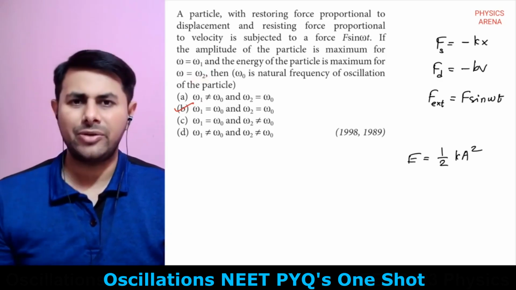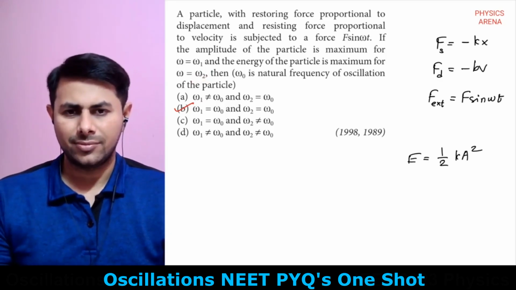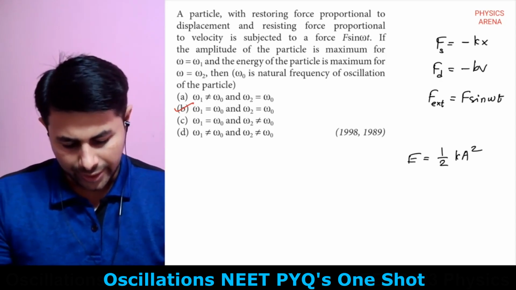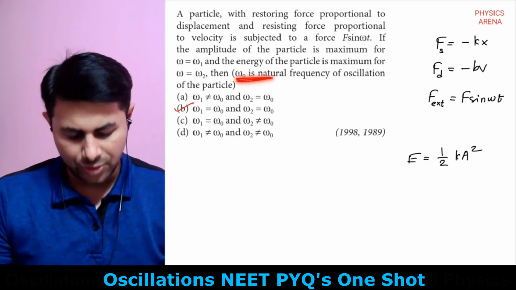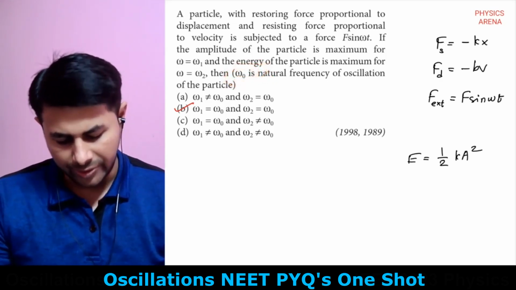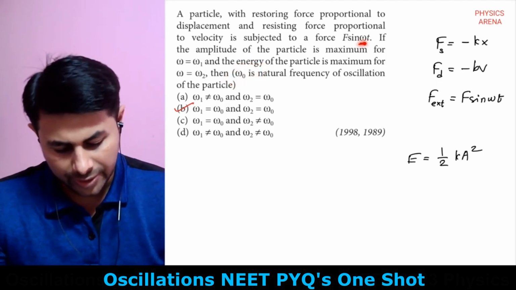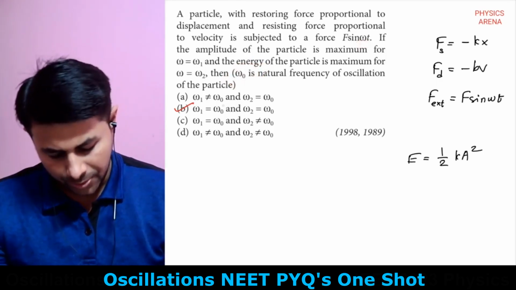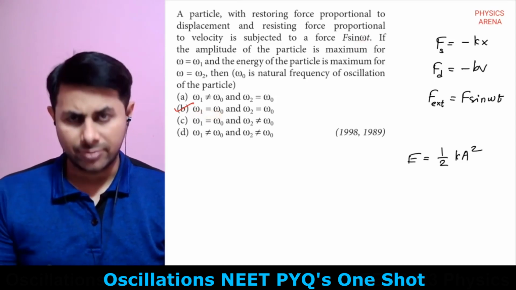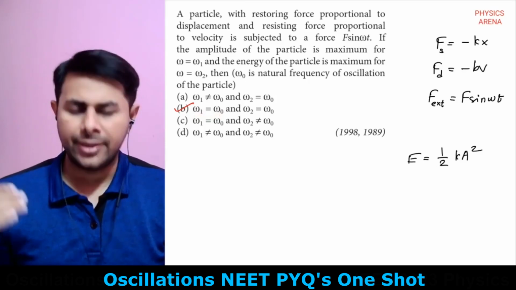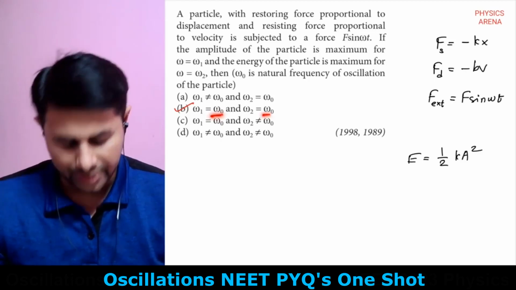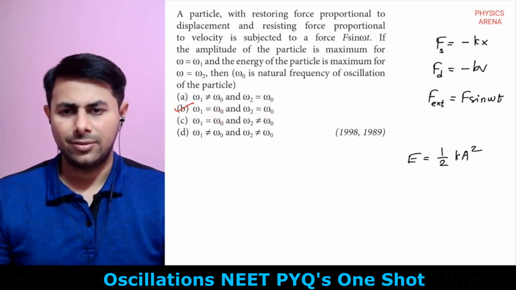So these two frequencies must be equal. Yes, no? And resonance will happen when the natural frequency matches the frequency of the external periodic force, and therefore it should be equal to what? The frequency at which amplitude becomes maximum and energy becomes maximum should be equal to the natural frequency of oscillation of the particle.